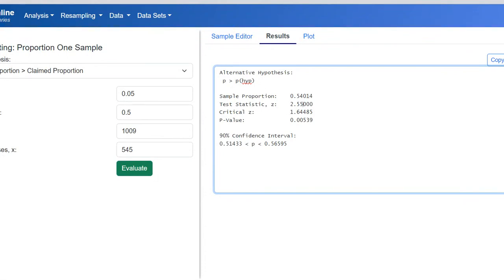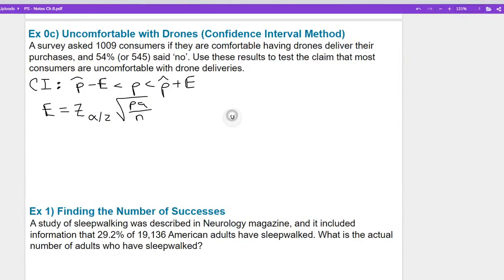Okay, we've got 0.51 is less than p is less than 0.57 or so if I round off. And so think about your claim. Your claim is that most consumers are uncomfortable with drone deliveries. So we're thinking that the value of p is going to be greater than 0.5. Well, look at it.